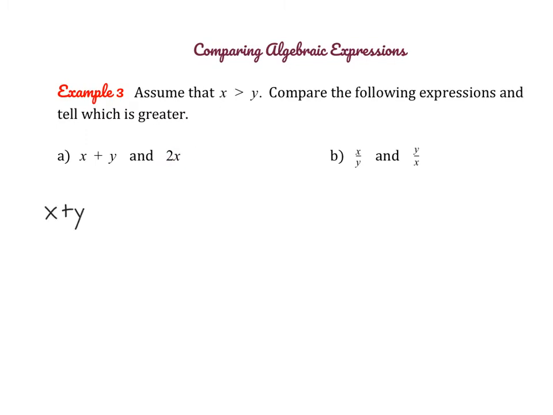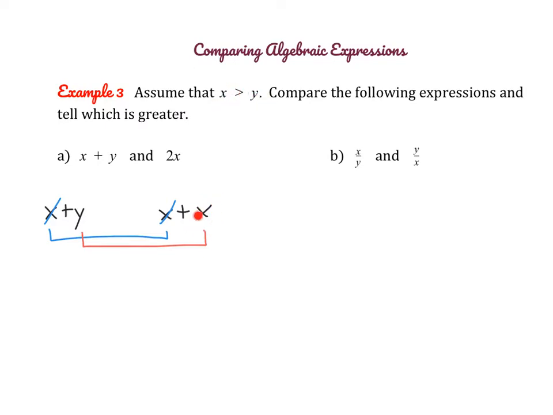We know that 2x simply means x + x, right? So if you compare these two things, the x's on each side are equal, so these could essentially cancel out. And then what we have left is a y on the left and an x on the right. So we know from the prompt that x is greater than y.